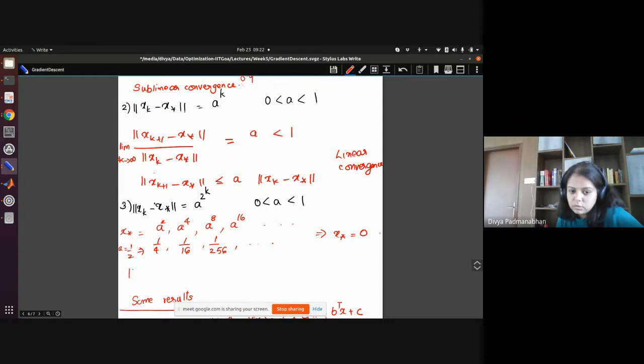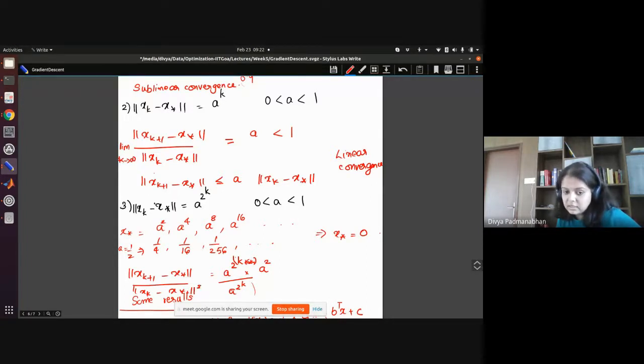Now the same ratio, if you take it, here you can do something better. Let's write this. This is A power 2 power k, and here this is k plus 1, and this is A power 2 power k. So here this is just getting multiplied by A square, right? So you can actually go with a square here to get something better.